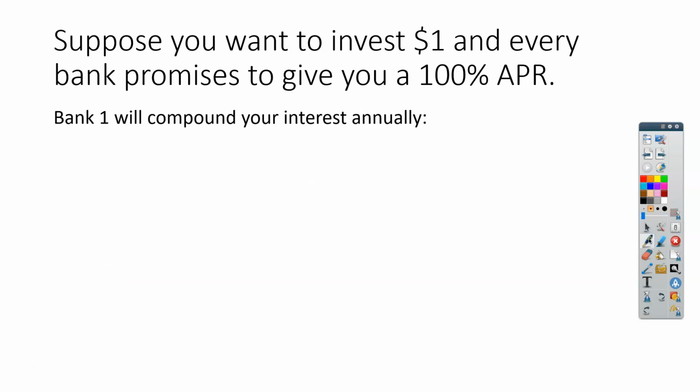So, if you want to compound it annually, you guys remember this little formula here? That was last time. So, what's my starting amount? $1. What's my interest rate? 100%.